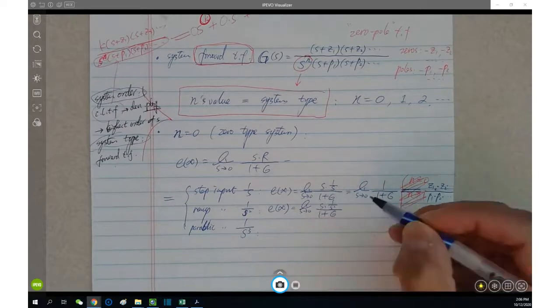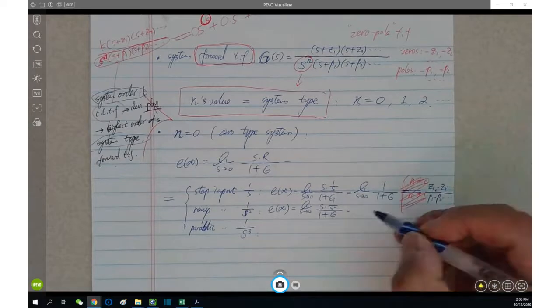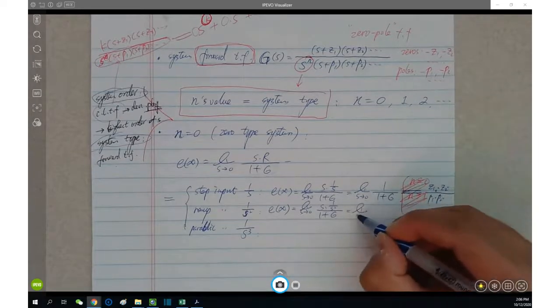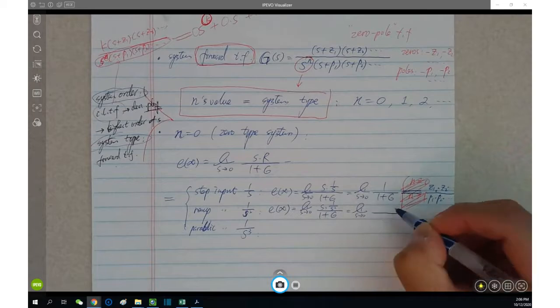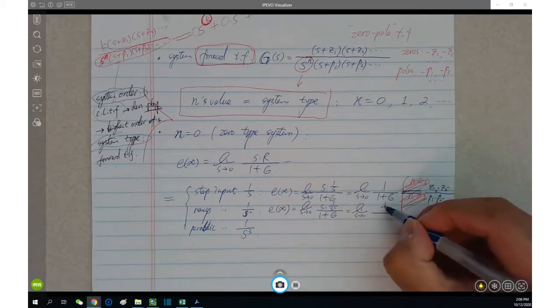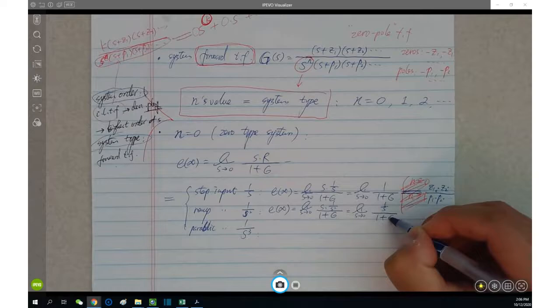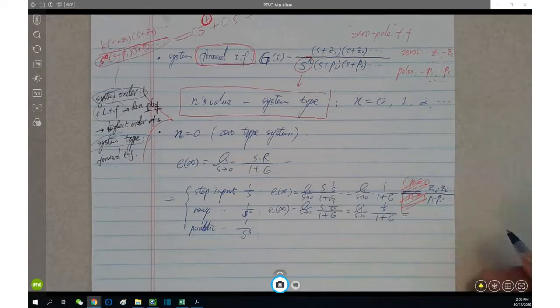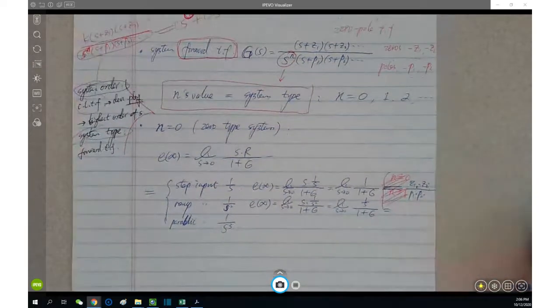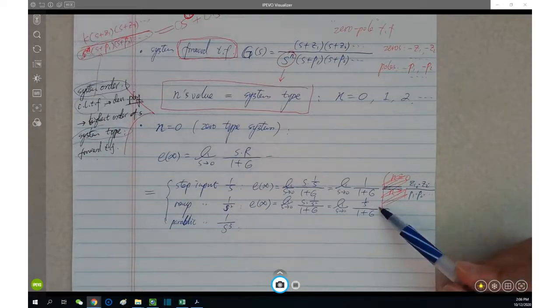The denominator is 1 plus g, and then it equals, as s approaches 0, the numerator is 1 over s. The denominator is 1 plus g. What is this result? Anyone?